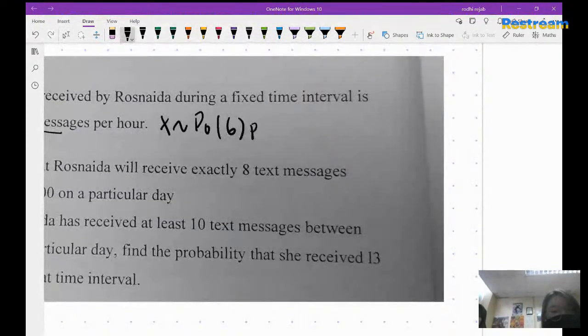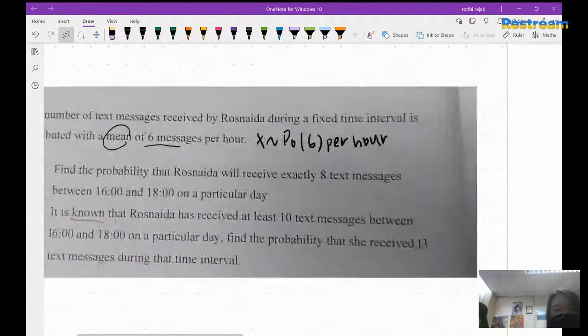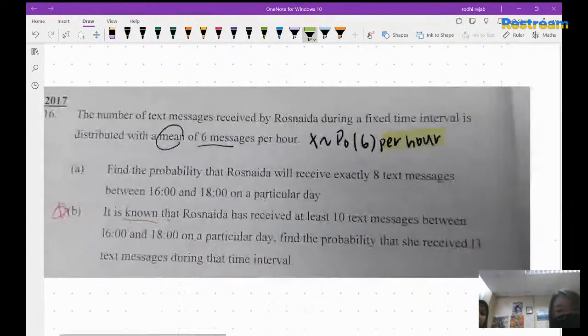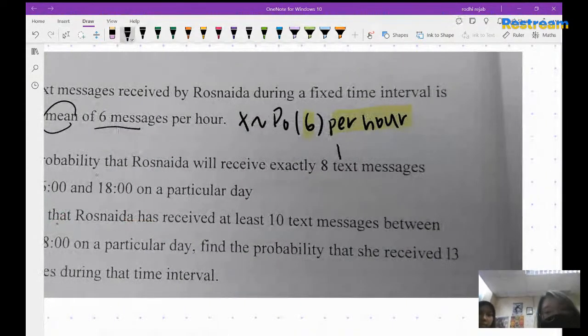6. Yang 4 ini kena hati-hati, yang ini per hour. So kalau dalam soalan dia maybe dia akan tulis one day, kita kena tukar yang 4 ini. Kalau dia tukar jadi one day, 24, sebab sehari ada 24 jam.